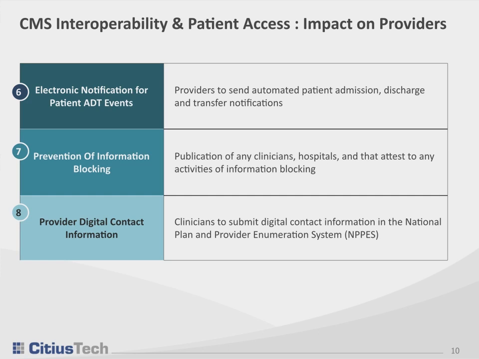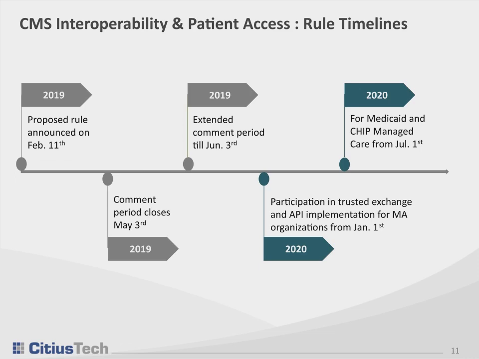Okay. That's fine. So this is what we have as the few key aspects of the rule. Let's see what the rule timeline is. As we all know, recently in this year, 2019 Feb, this proposed rule got published, and it was targeted to have the comments by 3rd of May. But unfortunately, or fortunately for few of us, it got extended till 3rd of June.